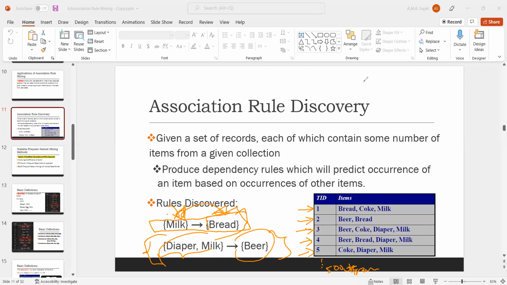Let's say we have a supermarket with branches in different places: one in the hill country, another in the southern province, another in the northern province, another in the eastern province.